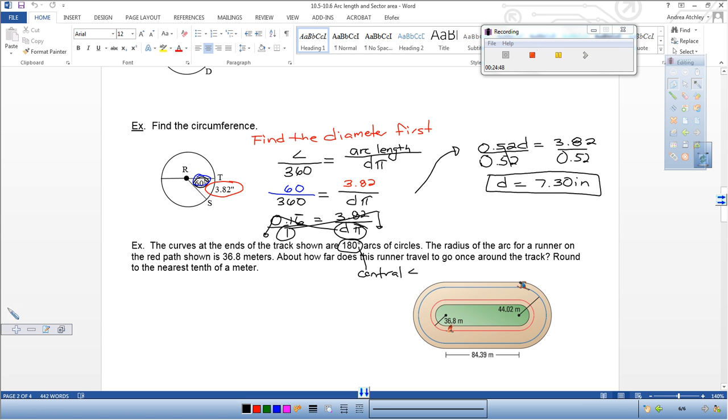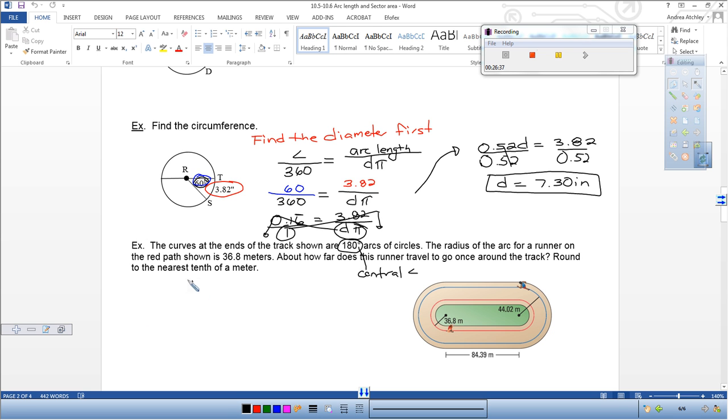What percent of a circle is 180 degrees? Half of a circle. Does that make sense? And what do two halves make? A whole. So really all you need to do to find this part and this part is find the circumference of the whole circle. Does that make sense?